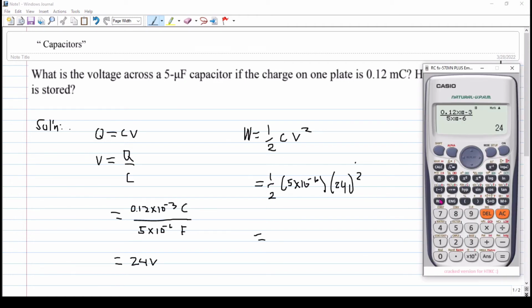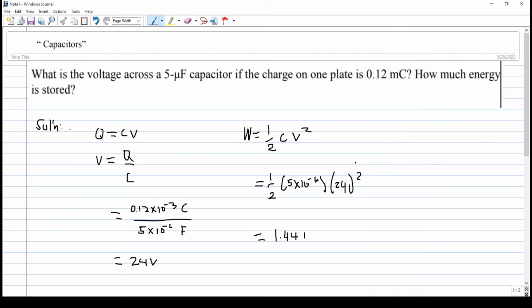So to calculate, that is equivalent to 144 times 10 to the power negative 3 millijoule. Okay, so that is the final answer.